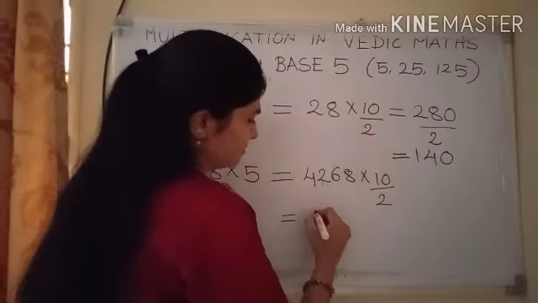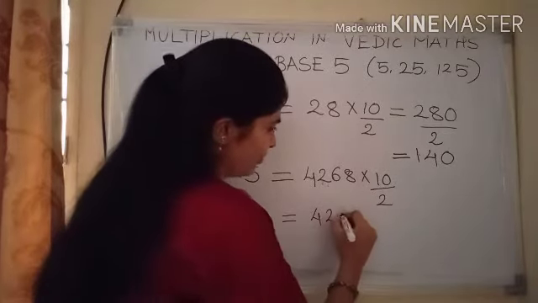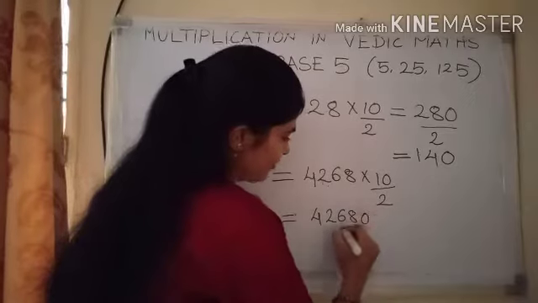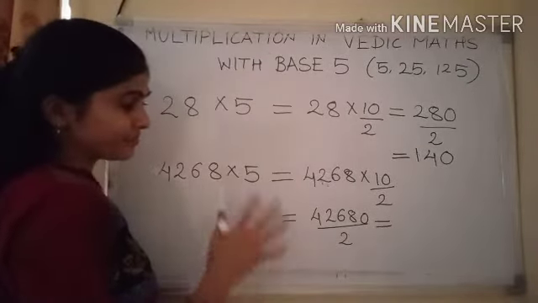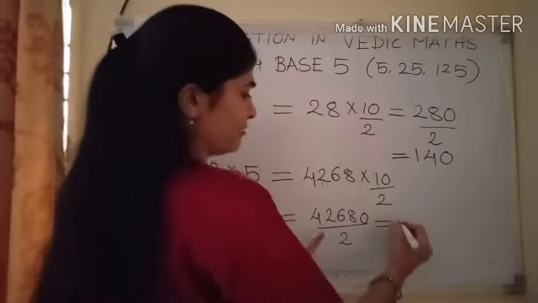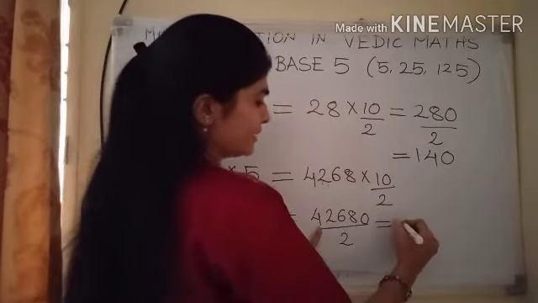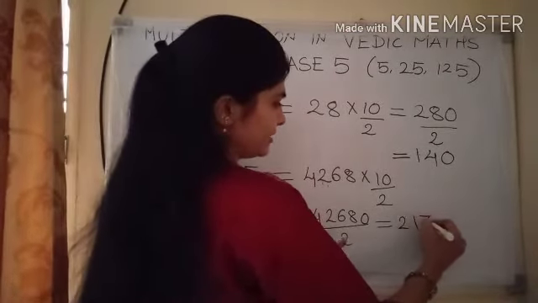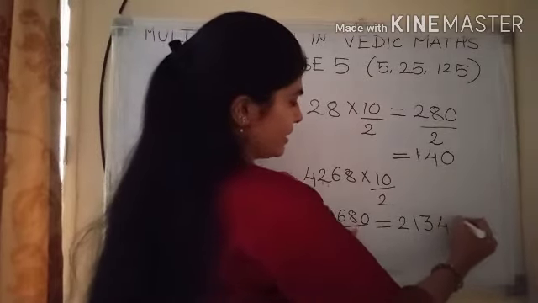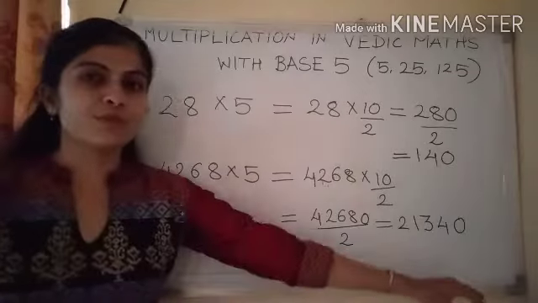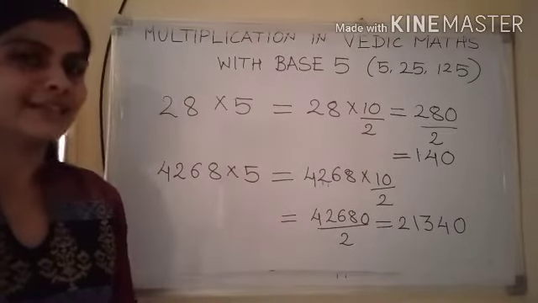Generally do it with 42680 divided by 2. Now what we need to do? Half, it means half of the 4, that is 2, this 1, 3, because 3 2s are 6, 4 2s are 8, so 4 and 0 as it is. So this is the answer.